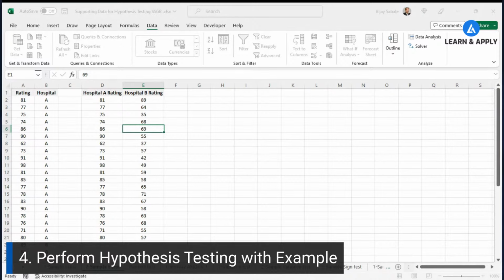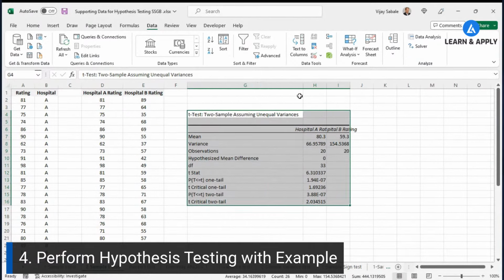So we just select this output range so that we can have everything in the same worksheet. Click anywhere in this worksheet. Let's say we click here and press enter. Once you have selected the cell for the output, then click OK.